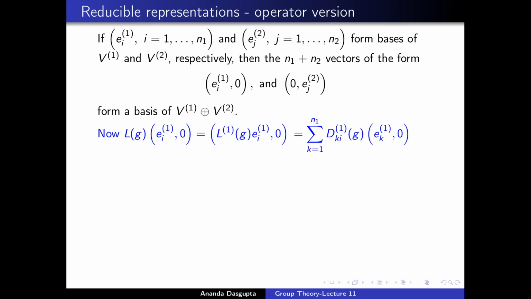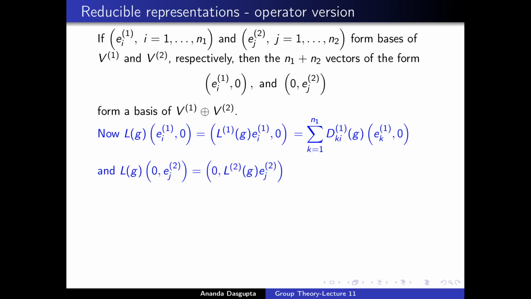So when we write down the corresponding matrix for the direct sum L(g), for the first n1 columns, the column is of course labeled by ei1, we will get the elements from D1 on the first n1 rows, and the n2 rows which come below that will all have 0 entries.